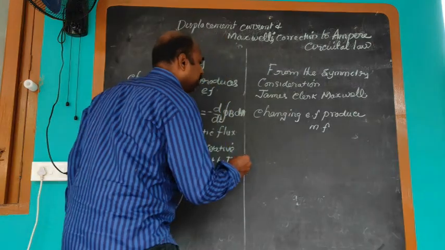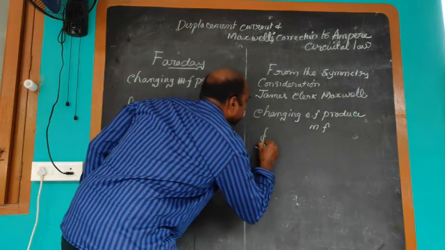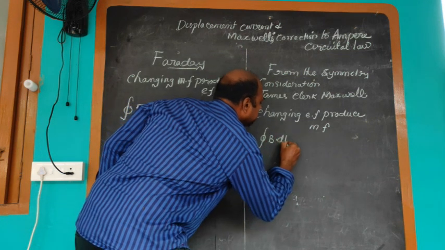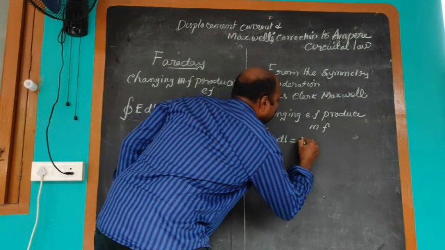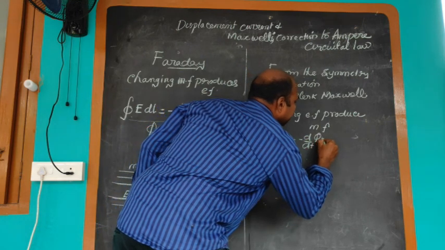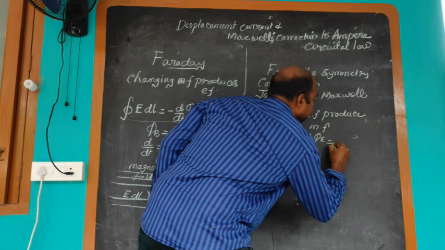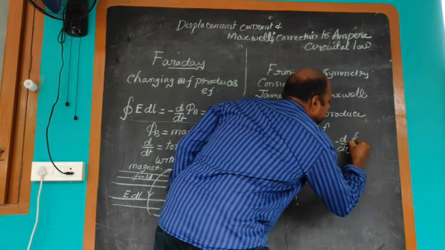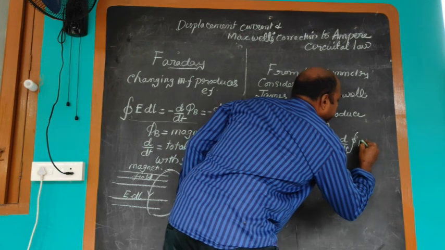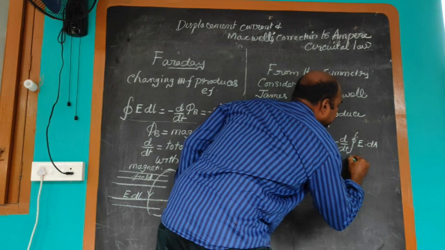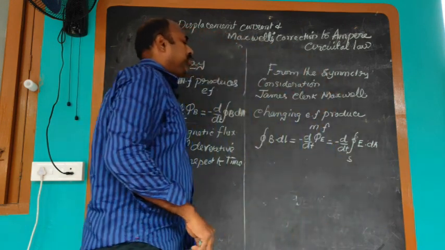This is also represented by a mathematical notation. I will write it first. B dot dl is equal to minus rate of change of electric flux. So that is equal to minus d by dt integral E dot dA in a closed surface.